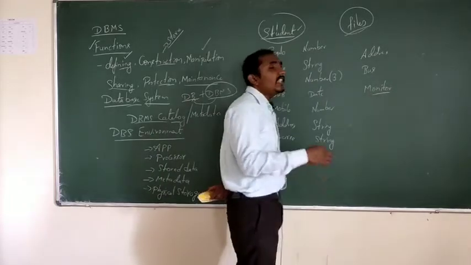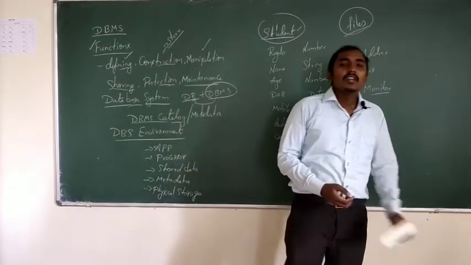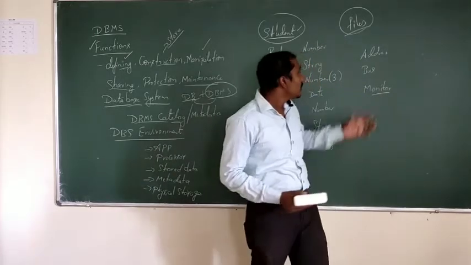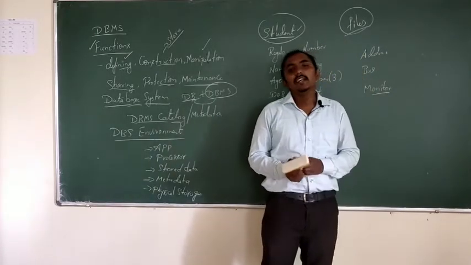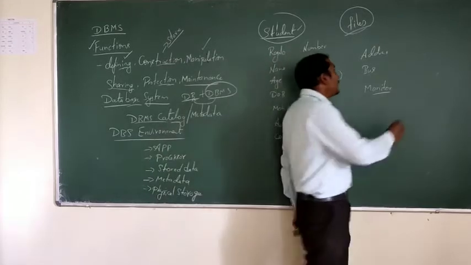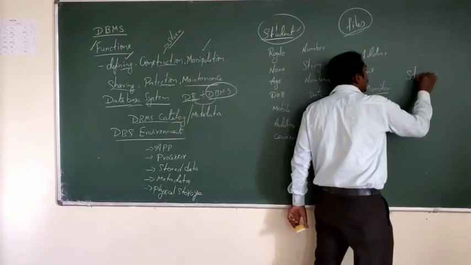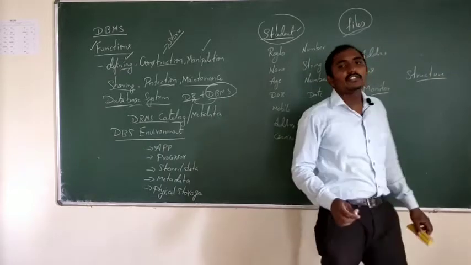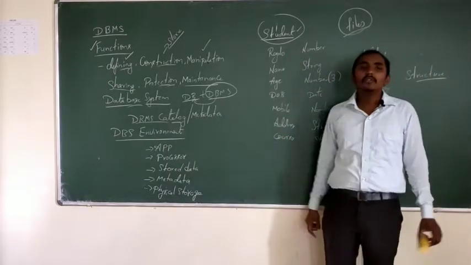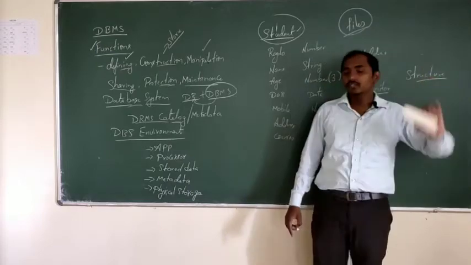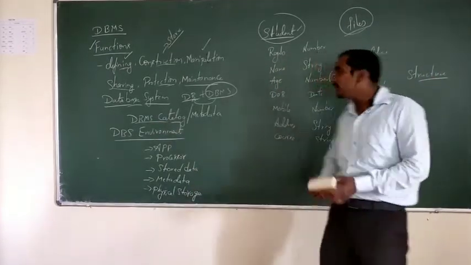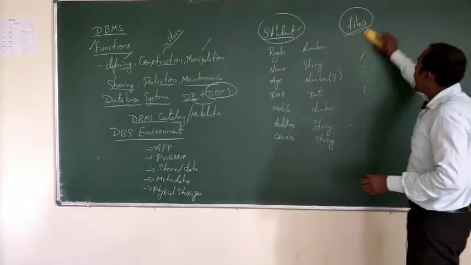Like this I can have any number of tables. If you want to access these tables or this data faster, they should be organized in a definite structure. Organizing the data into that particular structure is nothing but the DBMS catalog.